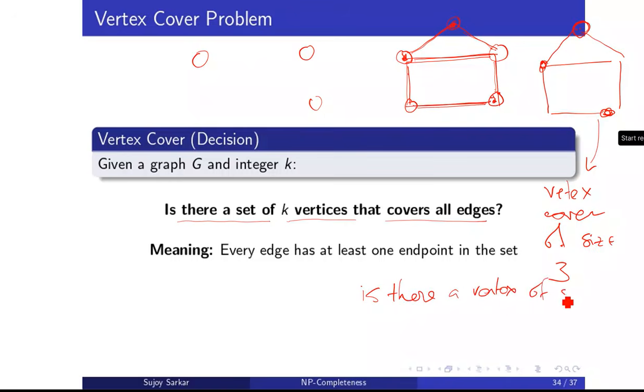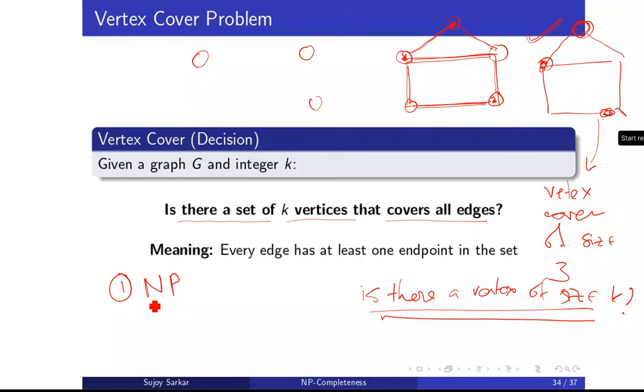Similarly we ask, given a graph, is there a vertex cover of size k? That is the question we ask, and we can show that this problem is NP-complete. Again, how will we prove it? First, if I give any cover, I can check whether it is really a vertex cover or not. I just need to check whether the given vertices cover all the edges. We can verify that in polynomial time, so the problem belongs to NP.